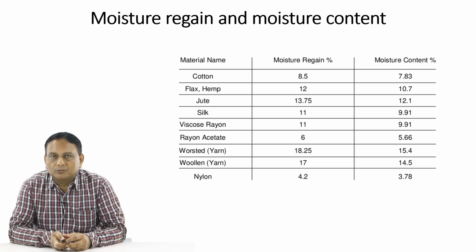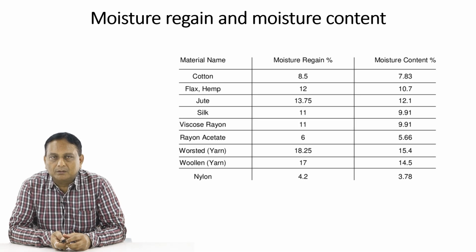Similarly, jute fiber also has a high moisture regain of 13.75%, and moisture content is 12.1%. Silk also has 11% moisture regain and moisture content is 9.91%. Viscose rayon has 11% moisture regain and 9.91% moisture content.